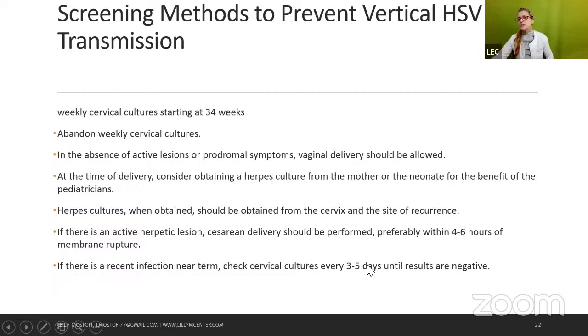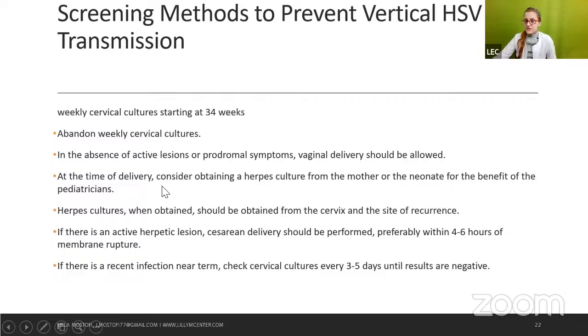Next, screening methods to prevent vertical HSV transmission. First of all, weekly cervical culture starting at 34 weeks. In the absence of active lesions or prodromal symptoms, vaginal delivery should be allowed.